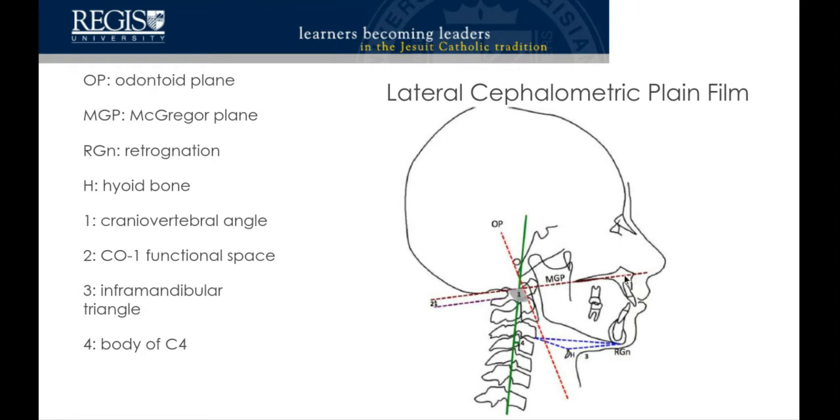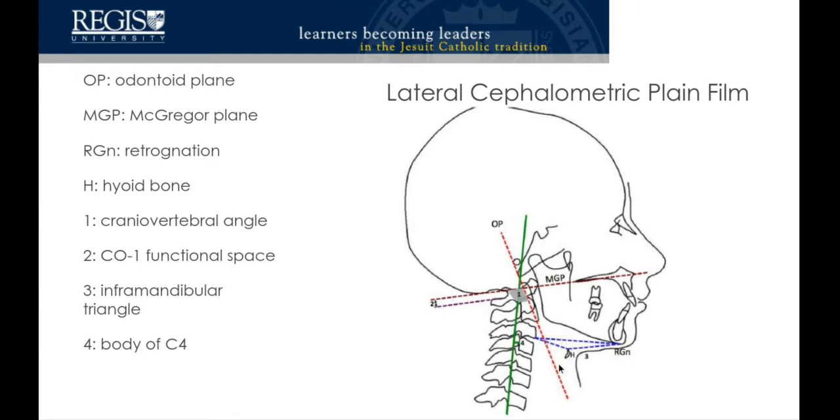It's just a line through the nasal sinus. So the spine of the nasal sinus is that structure there. You can see that really readily on an actual film, which you'll see in a few slides. Just extend a line from there straight back through the bottom of the occiput. And those two lines together give you this angle marked as 1, which is the craniovertebral angle. So it gives you an idea of the cranium and upper cervical relationship.